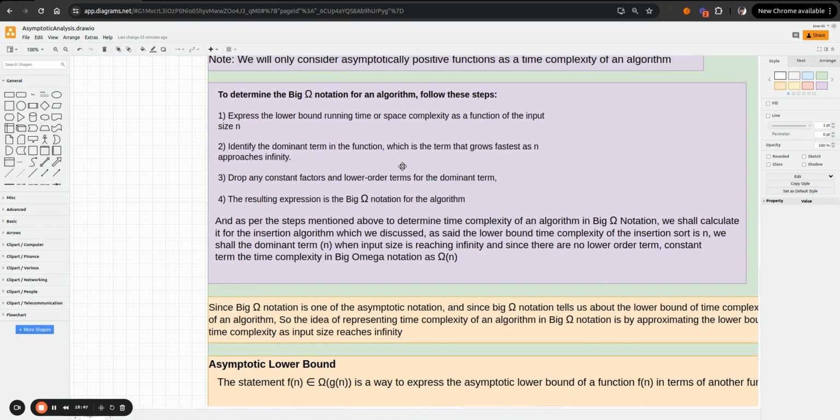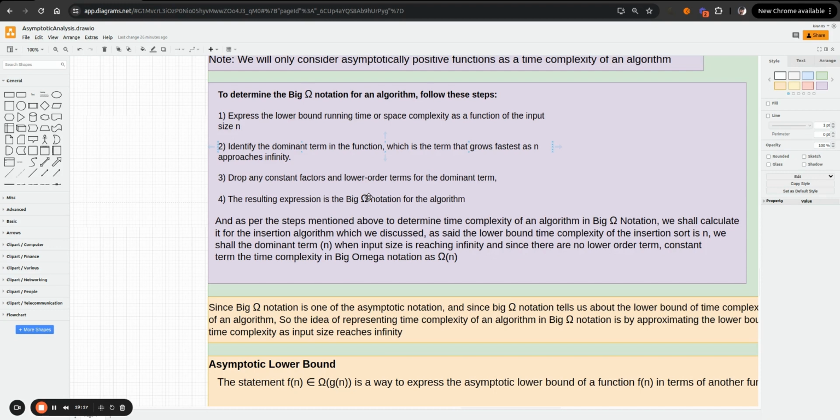The second step is to identify the dominant term in the function, which grows faster as the input size reaches infinity. In this case, we have only one term, which is n, so it is the dominant term. The third step says to drop constant factors or lower order terms, but since it is the only term, we don't need to drop anything.